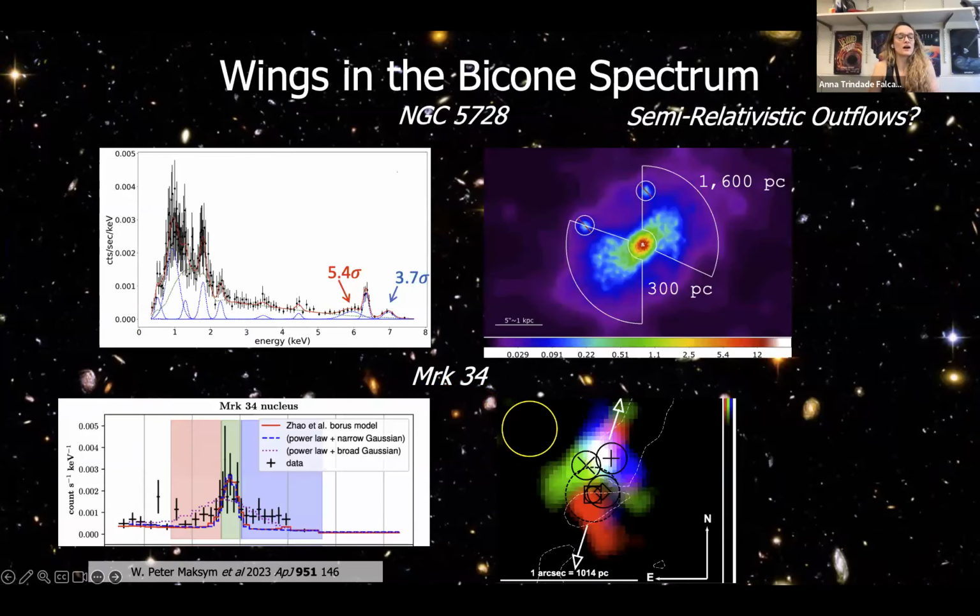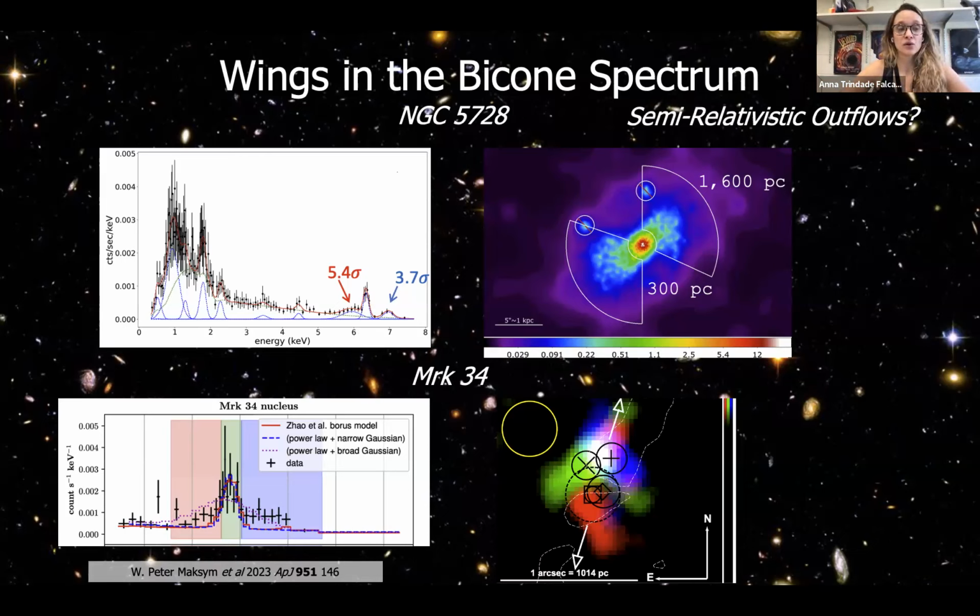Yeah. So I wish I could have had more time to talk about this, but this was a very hard decision to make, because I wanted to focus more on what science AXIS will be able to do. But in this case here, the models that we have run for this spectrum, and believe me, I ran so many models to try to fit these wings, what we call the red wing here, this feature, we were not able to fit it with any kind of models.